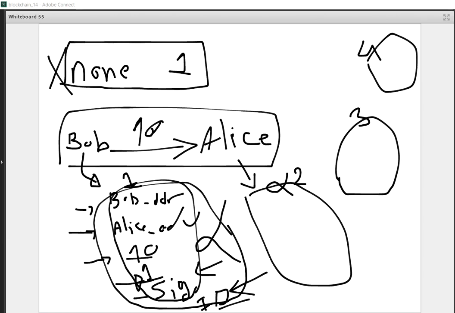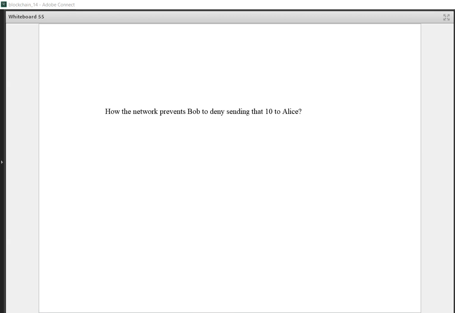Here, Bob creates this transaction, sends it through the network. Okay? Maybe Bob wants to cheat, and tomorrow says, oh, that's not me. That was someone else.